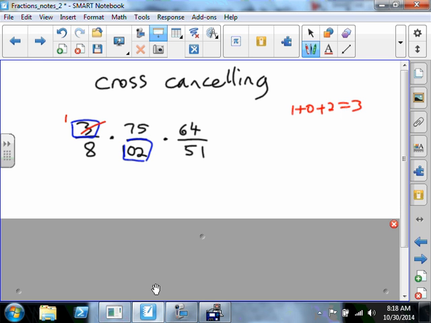It's just habit. The 102, when we divide it by 3, turns into a 34. Now down here, I might write it on the bottom right. So that 3 and that 102 cross-cancel, okay?